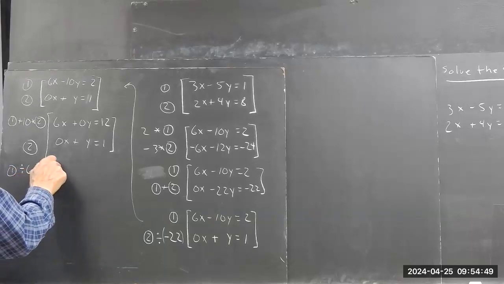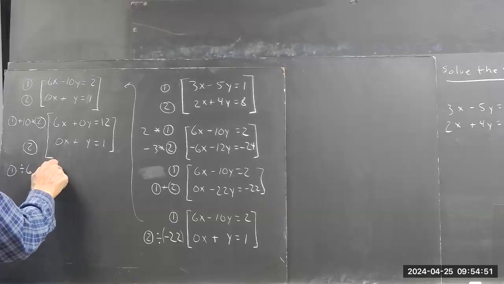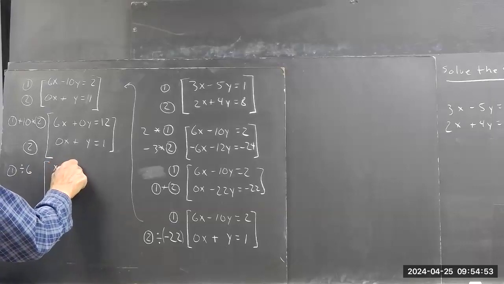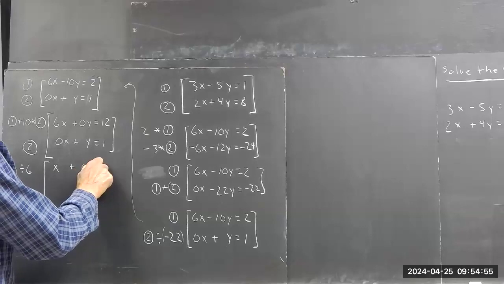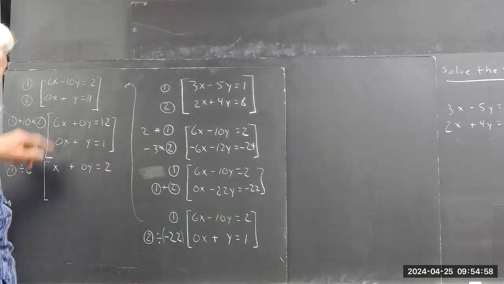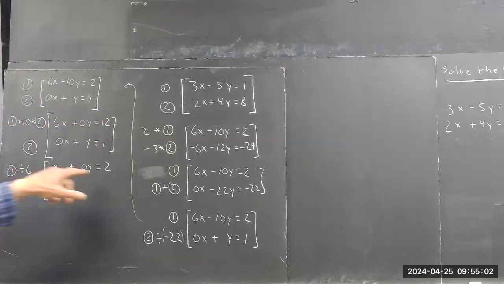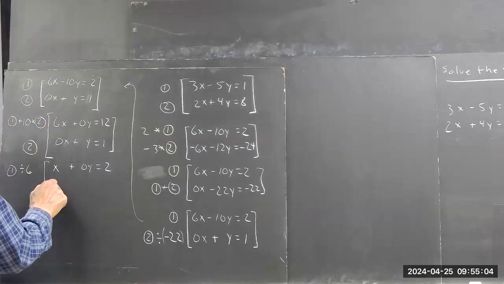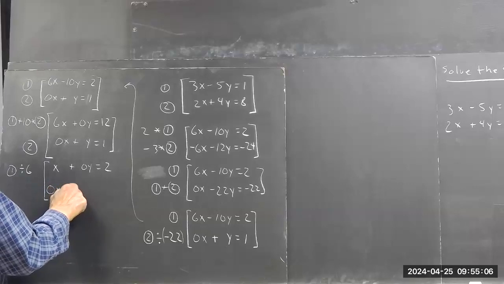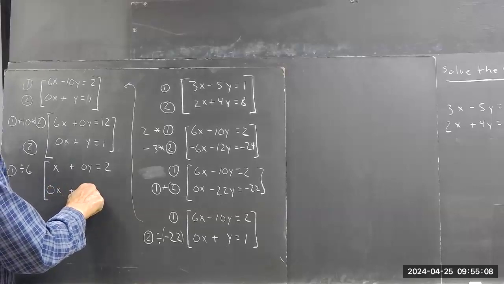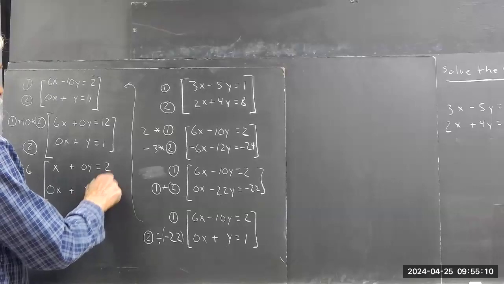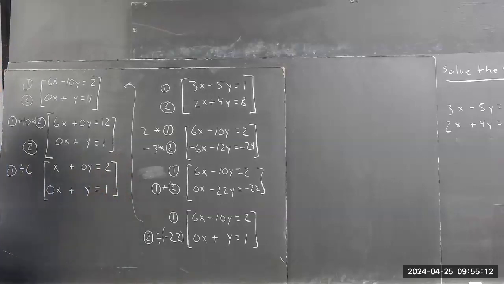We just divide row 1 by 6, and we get x plus 0y equals 2. 6 divided by 6 is 1. 12 divided by 6 gives us 2. And we have now 0x plus y equals 1. And this is equation 2, of course.